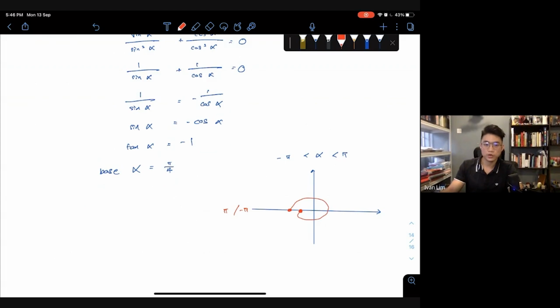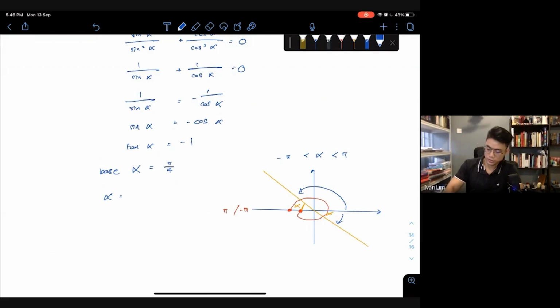ASTC, we want to find a tangent that is negative. So it will be second quadrant and fourth quadrant. This will be my base angle. So the alpha that we want to find, the angle, would be here and here.